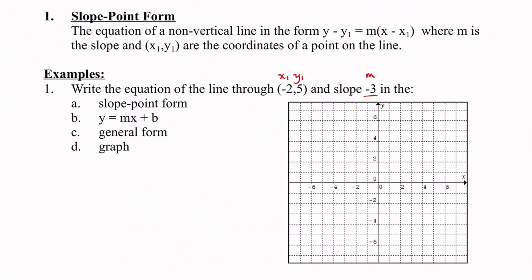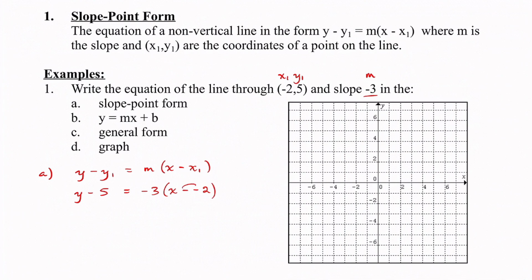So part A, we're going to do the slope point form first. That form was y minus y1 equals m times x minus x1, and that's all in brackets. Make sure you have brackets. And then we're just going to fill that in. So it's going to be y minus, and then y1 we labeled, it was a 5, equals, m is a -3. Then we got x minus, and then our x1 was a -2.